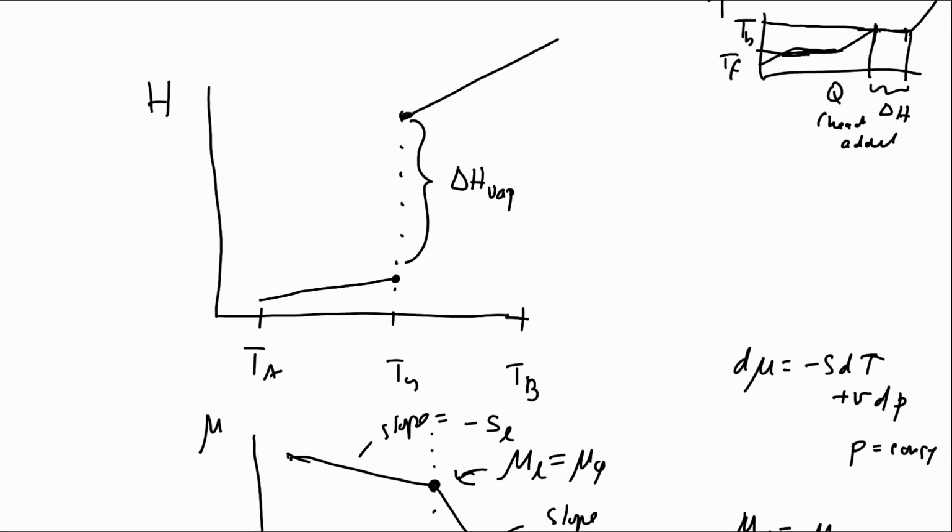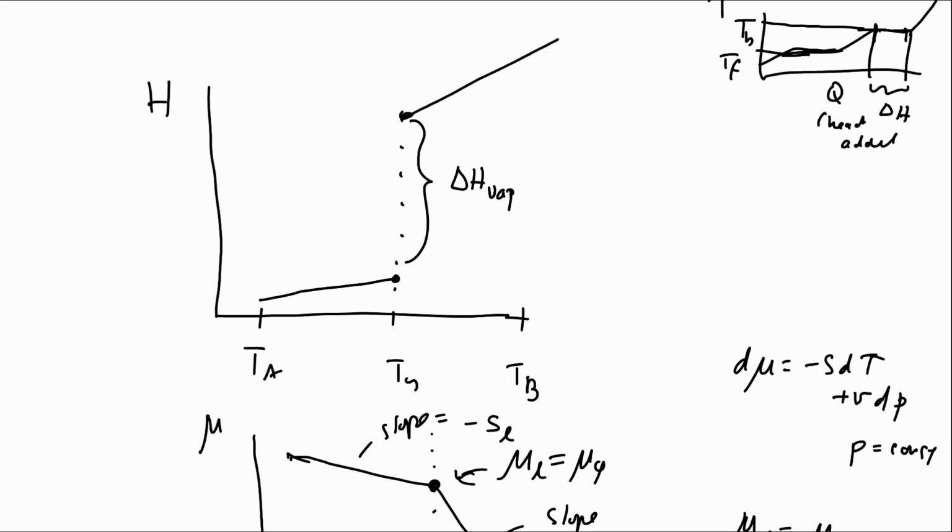But what happens right at that point of phase transition? What's the derivative of that function here? Well, it's basically infinite. I could smooth this out, and there would be a very steep derivative there.